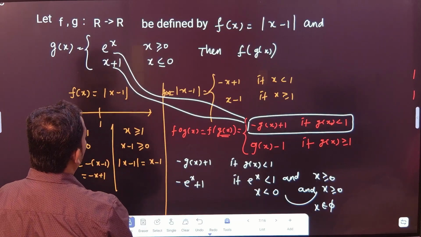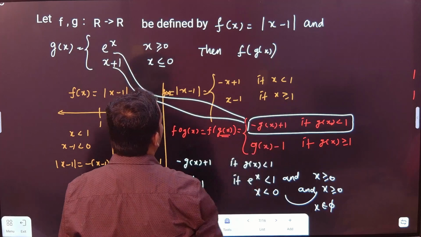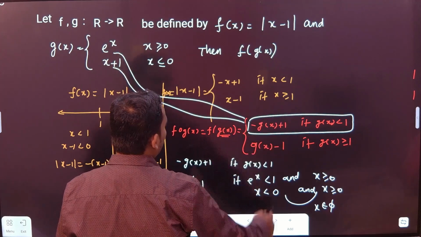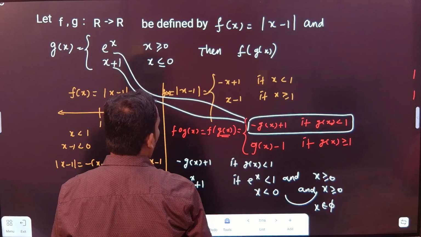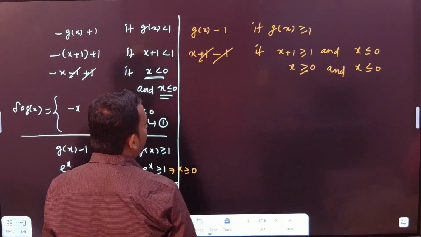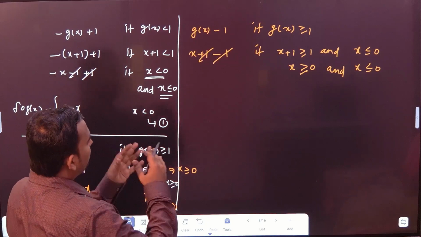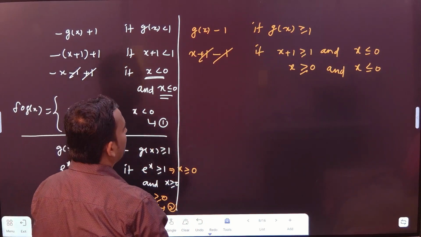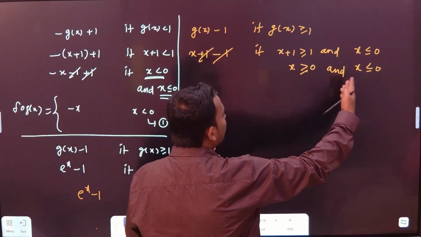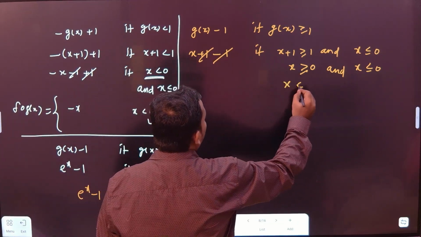So x plus 1 minus 1, correct. x plus 1 is greater than 1, we have to put now. So x is greater than 0 and x is less than 0. In this case also it is not possible, because there is no intersection, more than 0 and less than 0. So x belongs to the empty set.